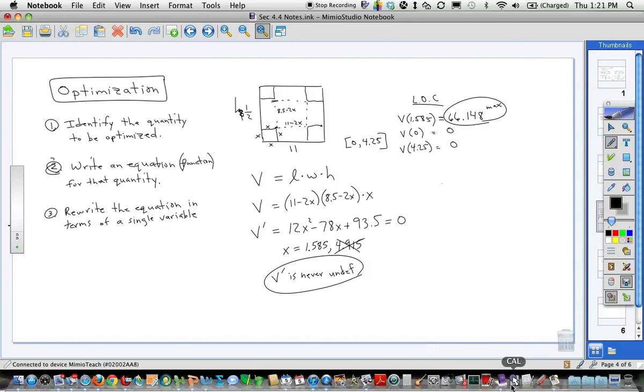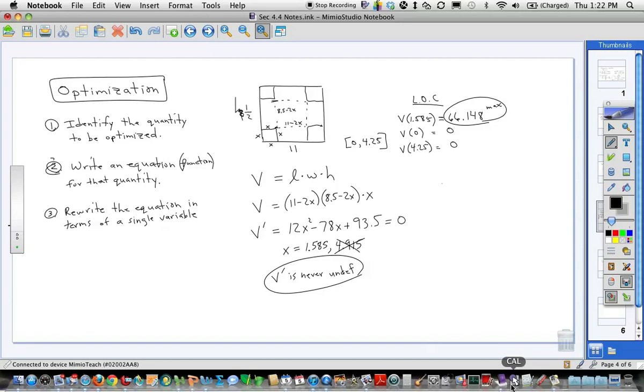But there it is. That is an optimization problem. Now, in our list of steps, essentially it's identify the quantity to be optimized, write an equation for that quantity, rewrite the equation in terms of a single variable, and that got us to here. Then we went to the calculus part. So step 4 is do the calculus.